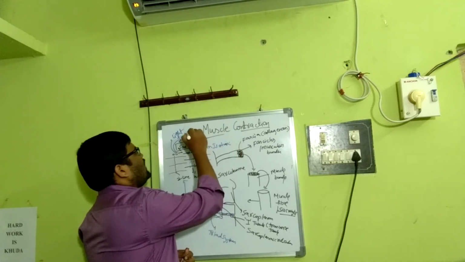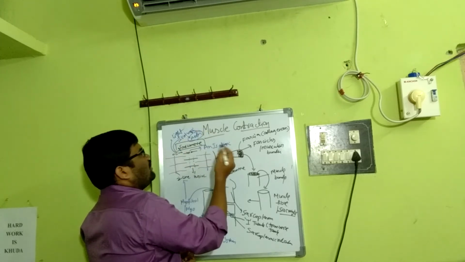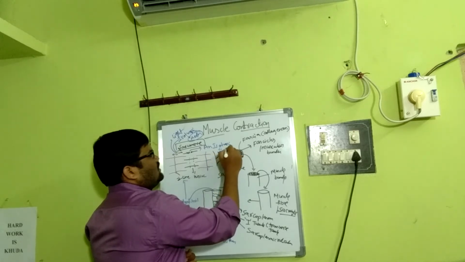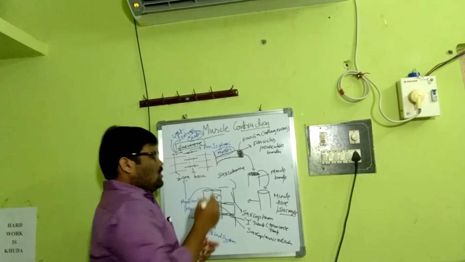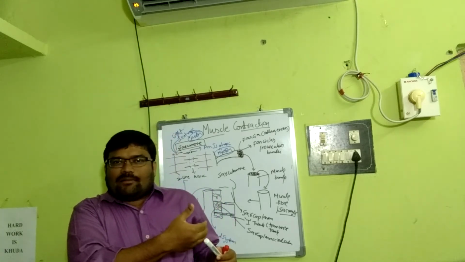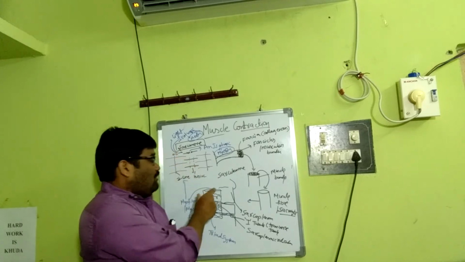The light bands contain actin as the chief protein, and anisotropic bands contain myosin. We will discuss contractile properties in detail, but first let us examine the basic ultrastructure of a myofibril.